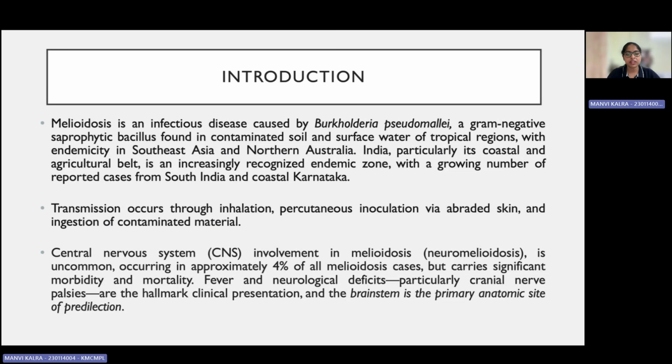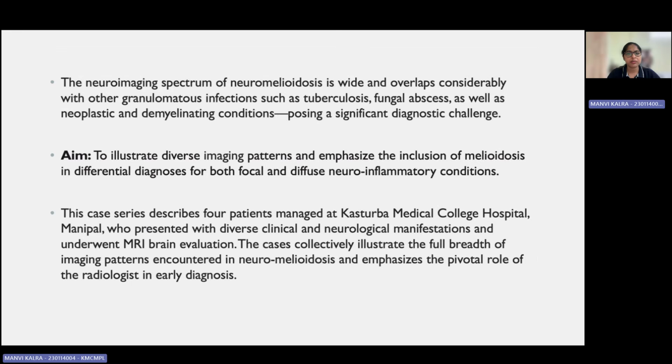Fever and neurological deficits, particularly cranial nerve palsies, are the hallmark clinical presentation, and the brainstem is the primary anatomic site of predilection. The neuroimaging spectrum of neuromelioidosis is wide and overlaps considerably with other granulomatous infections such as tuberculosis, fungal abscesses, as well as neoplastic and demyelinating conditions, posing a significant diagnostic challenge.